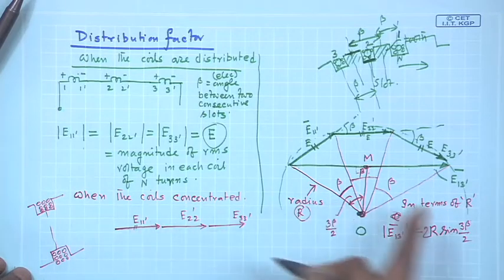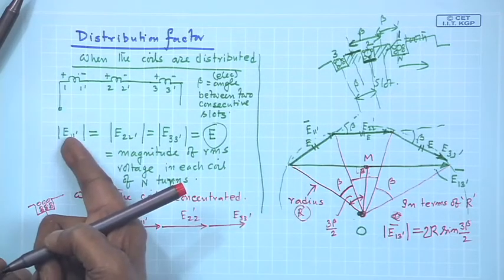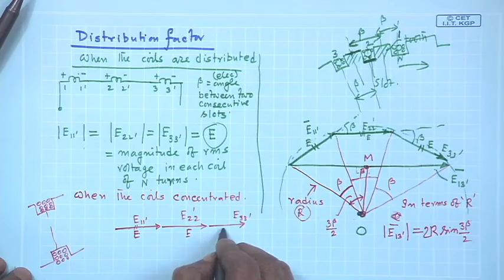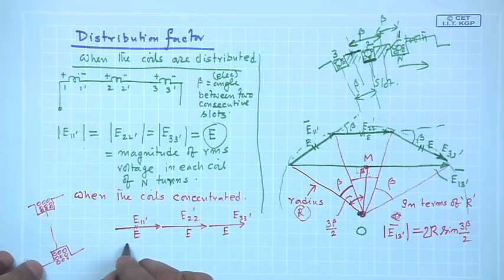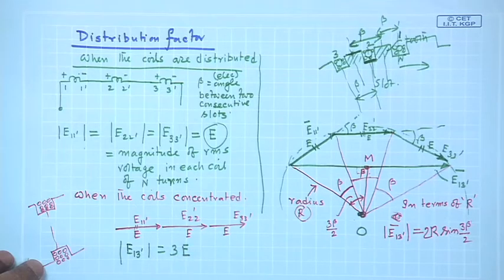This will be same as this E, the magnitude of E11 dashed will not change because of that. So, this is E, this is E, and this is E. Therefore, resultant voltage in this case, E13 dashed, resultant of this 3 is nothing but 3 E.